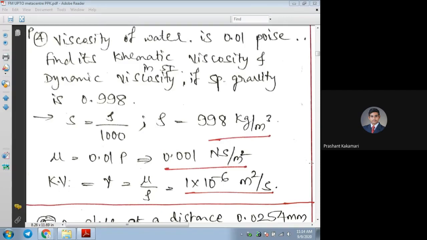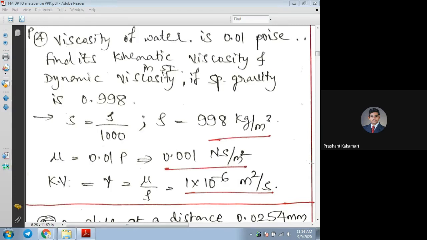Yes, all of you understood this problem? One step is converting the units to Newton second per meter square. The other is taking the relation with specific gravity and writing the density in terms of the given specific gravity. What is the density of water?